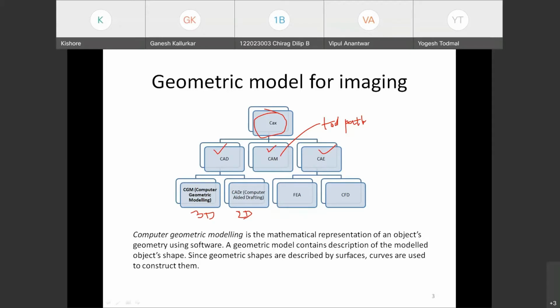So since we are going to make use of mathematical equations, we further simplify the structure into various surfaces. Those surfaces can further be simplified using curves, for example.